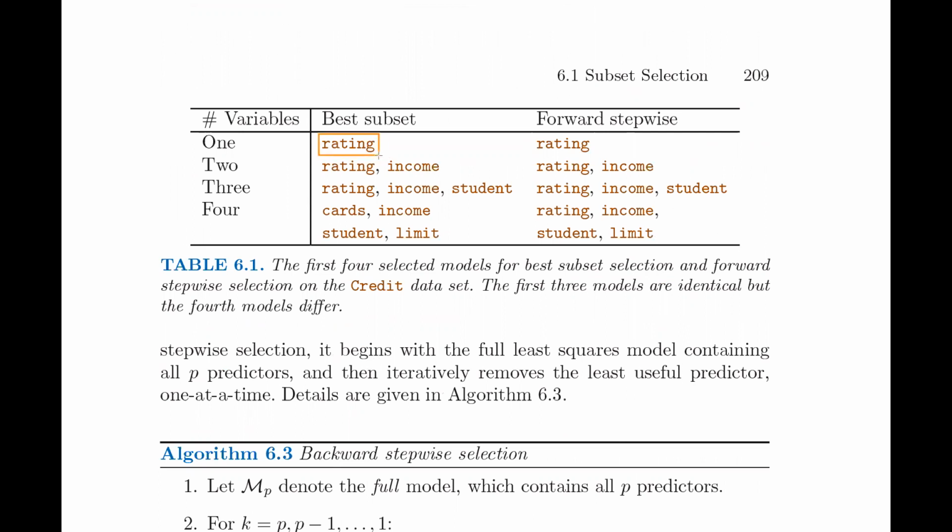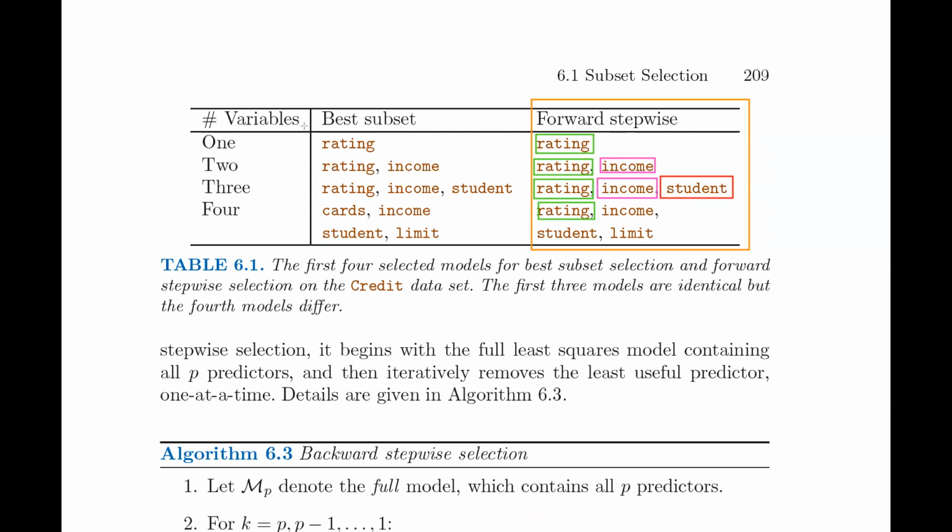Let's look at forward. Once you've picked rating, it's going to appear in each of the following iterations, where you would then add income, and then if you're going to include 3 of them, you would add income and student together with rating.